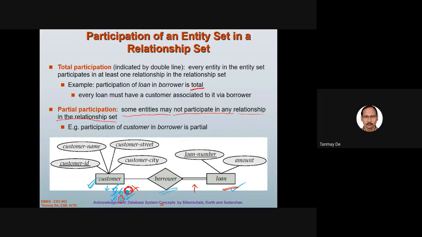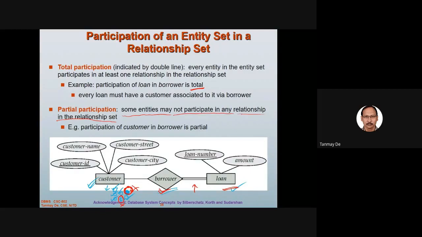These two customer entities are not participating in the borrower relationship, because these two customers are not taking a loan from the bank. Is it clear? The total participation of the entity set and partial participation.